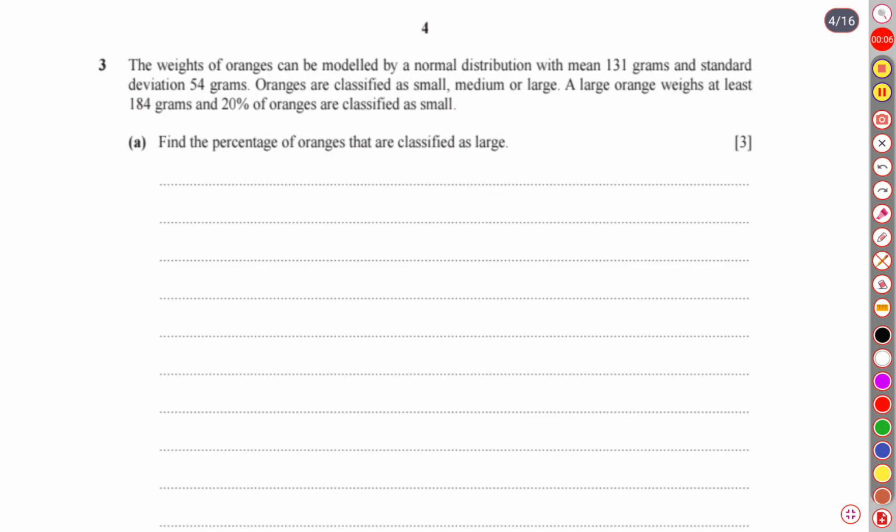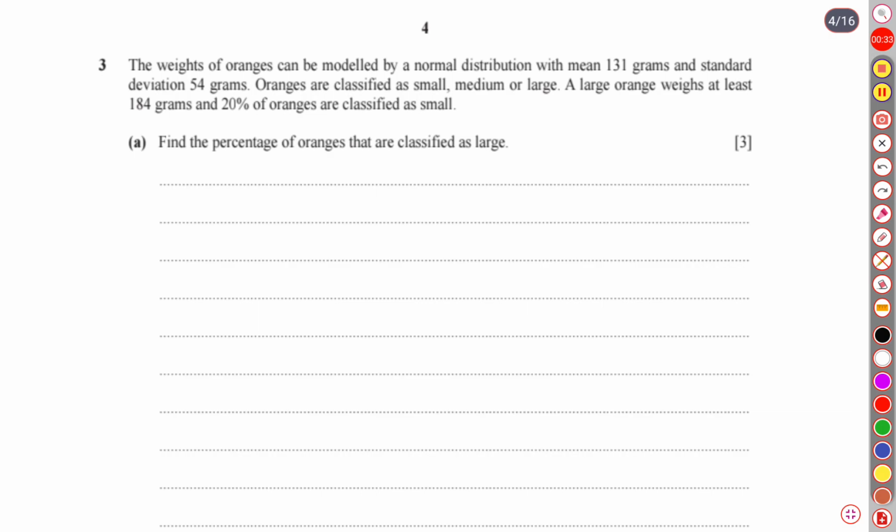Today we are going to solve two questions from Probability and Statistics 1. The questions belong to paper 9709/52 for the session May June 24. Question number 3: the weights of oranges can be modeled by a normal distribution with mean 131 grams and standard deviation 54 grams.